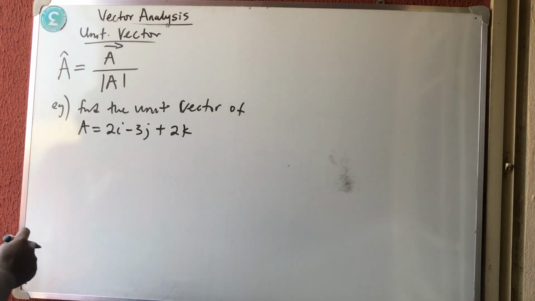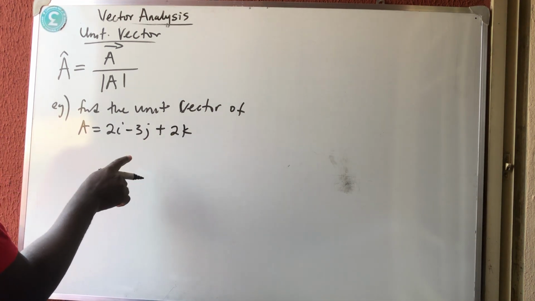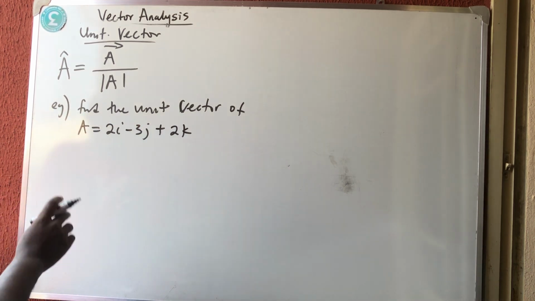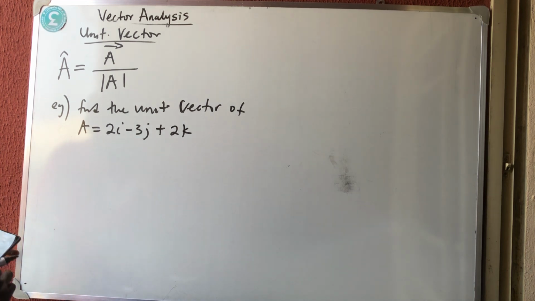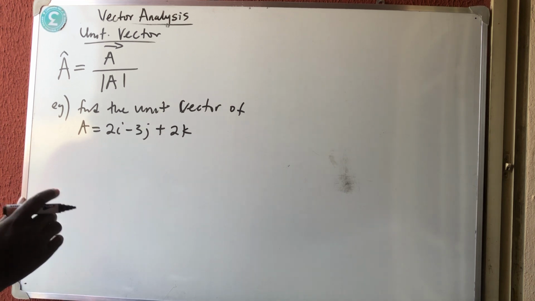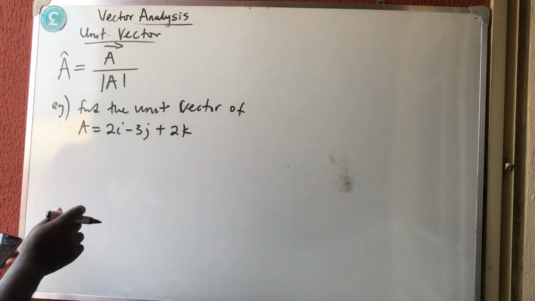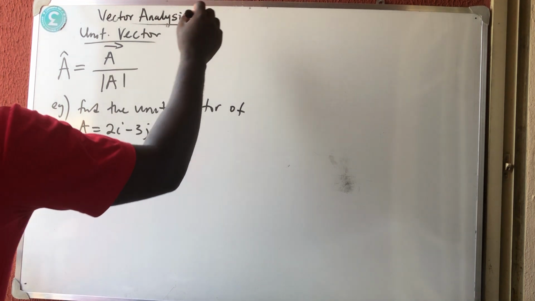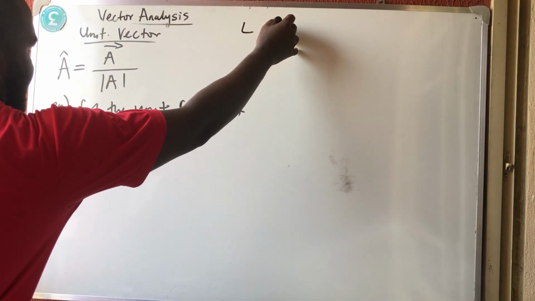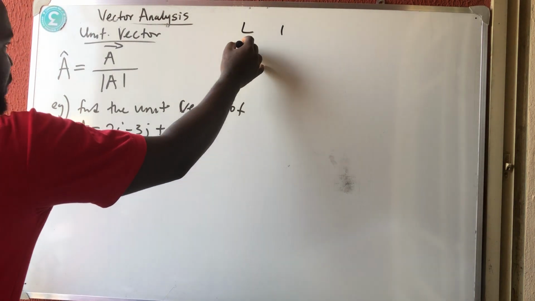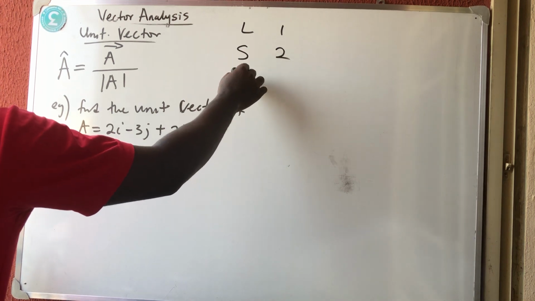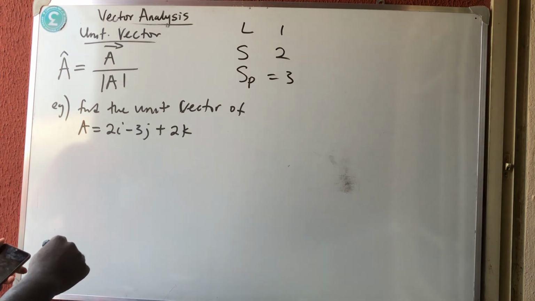Remember that since there are 3 components, this is a vector in a space. If there are 2, it is a vector in a surface. We have vector in a surface, vector in a space, and vector in a line. A vector in a line has one component, a vector in a surface has 2 components, and a vector in a space has 3 components.